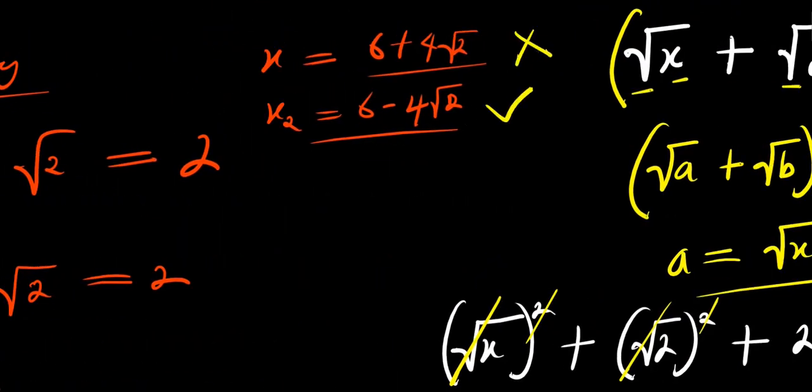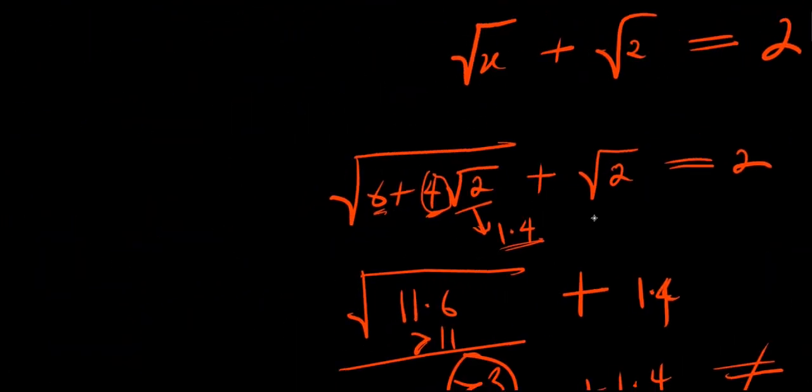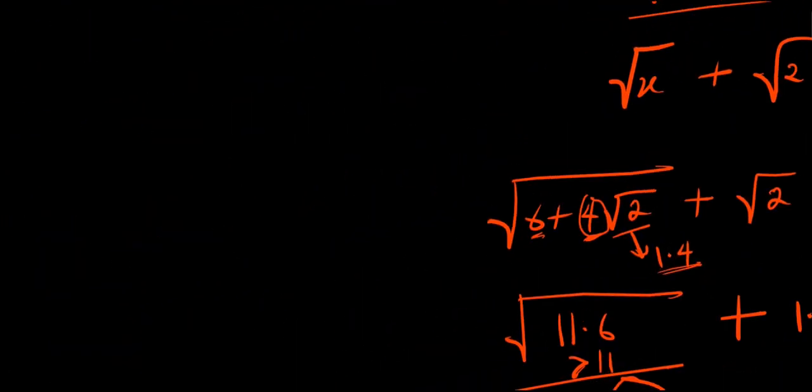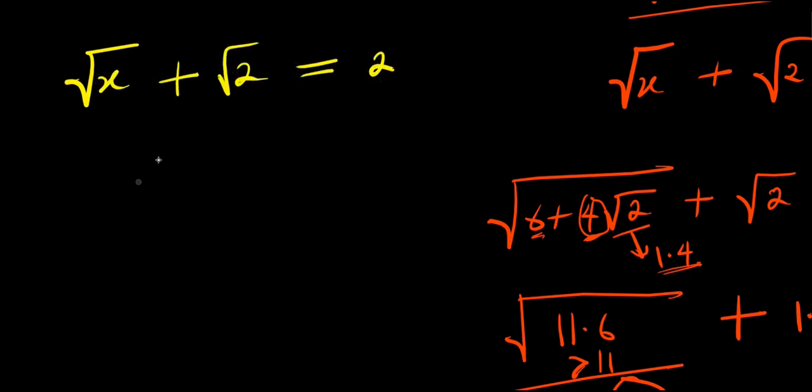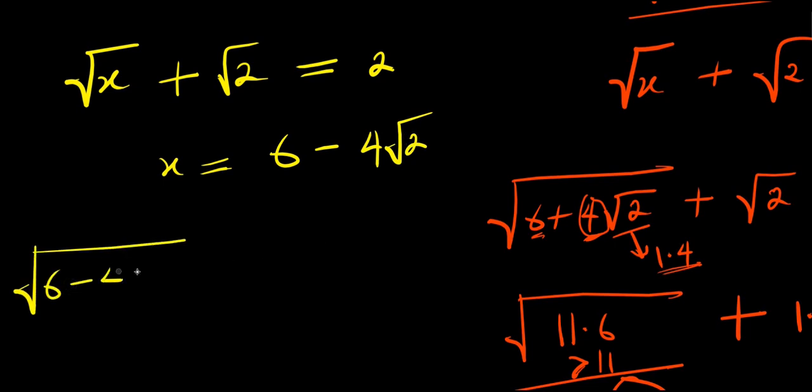So let's consider this one here, 6 minus 4 root 2. We have square root of x plus square root of 2 equals 2. And our x is 6 minus 4 root 2. We have square root of 6 minus 4 root 2 plus root 2 equals 2.